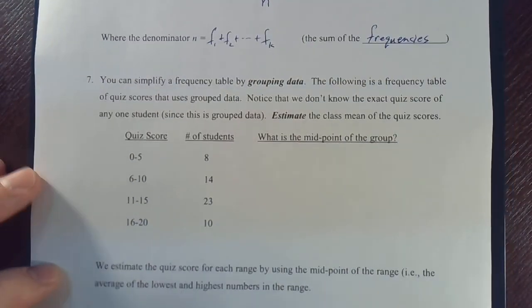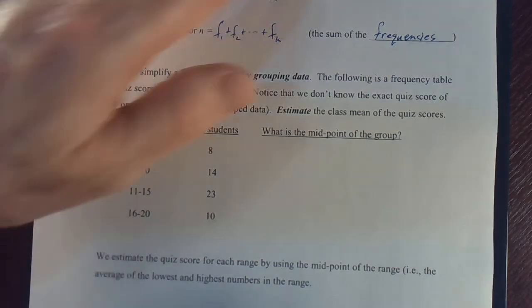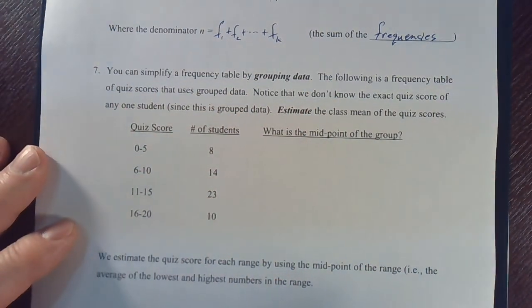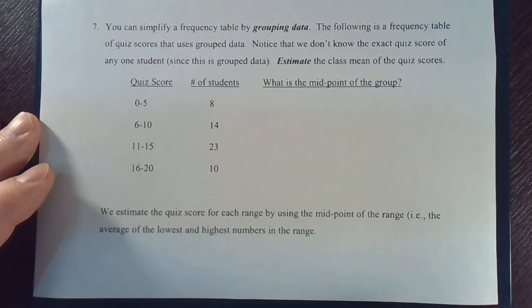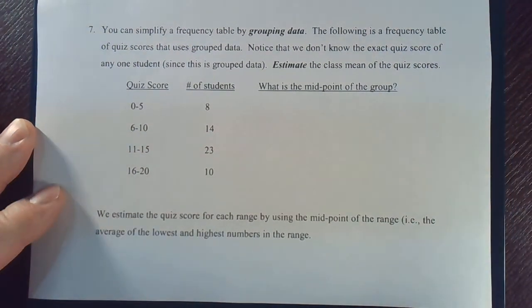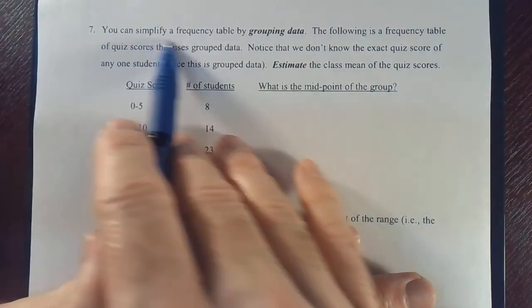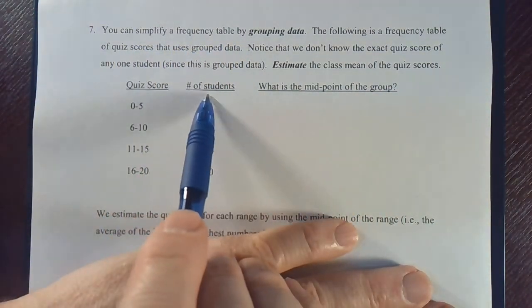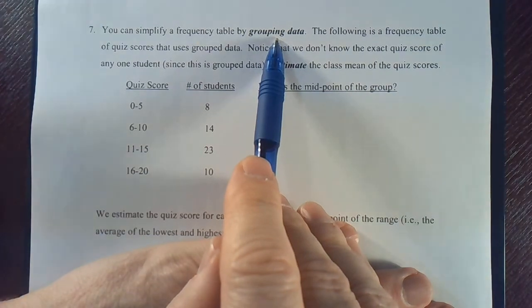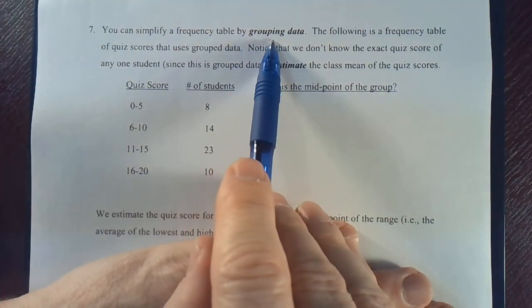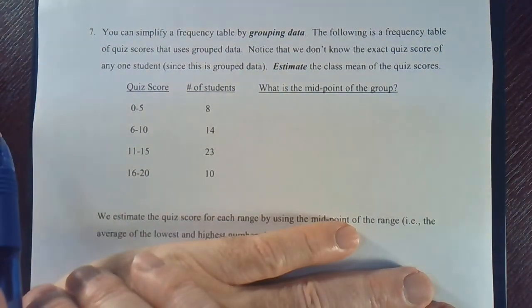All right, this next example is going to be one where we do not necessarily get the absolute exact final answer, because we're going to be using a table that has grouped data. This time, it's going to be grouped in different ranges of numbers.